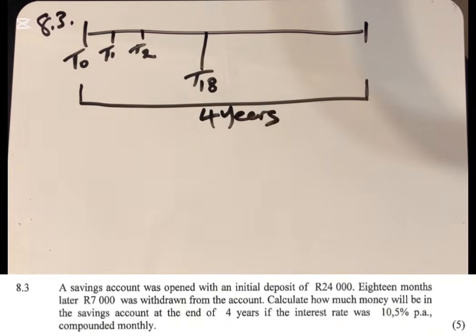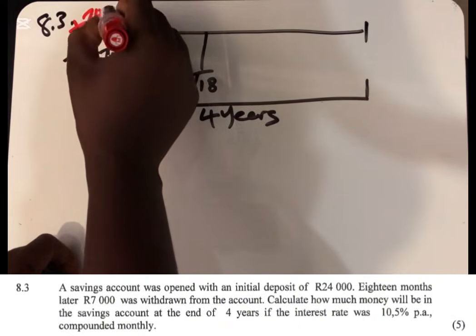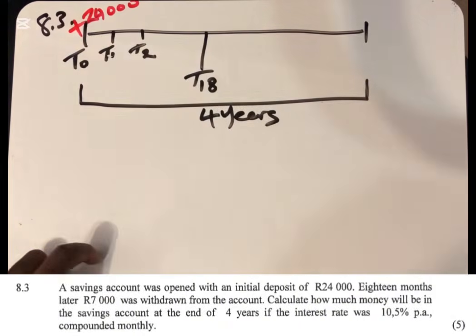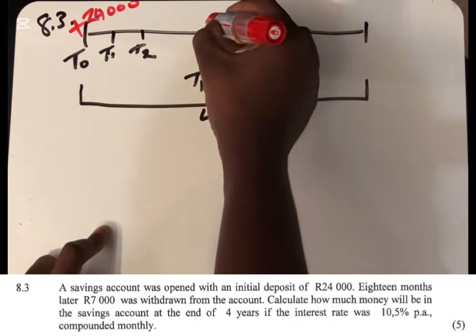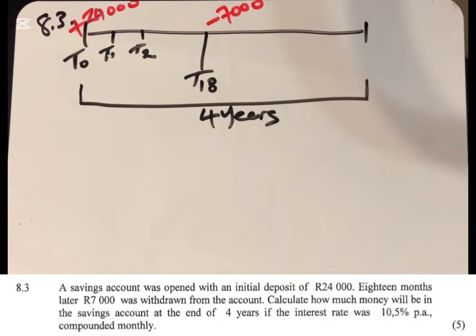You should not forget, at T0 this person invested how much? 24,000, so we have plus 24,000 here. At T18, 18 months later, negative 7,000 was withdrawn.